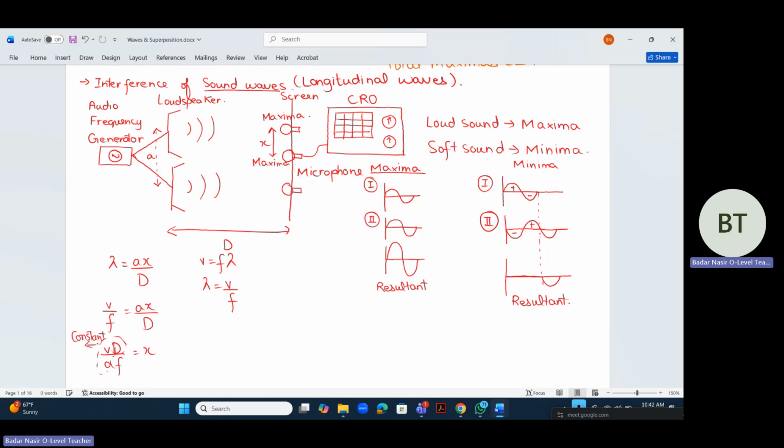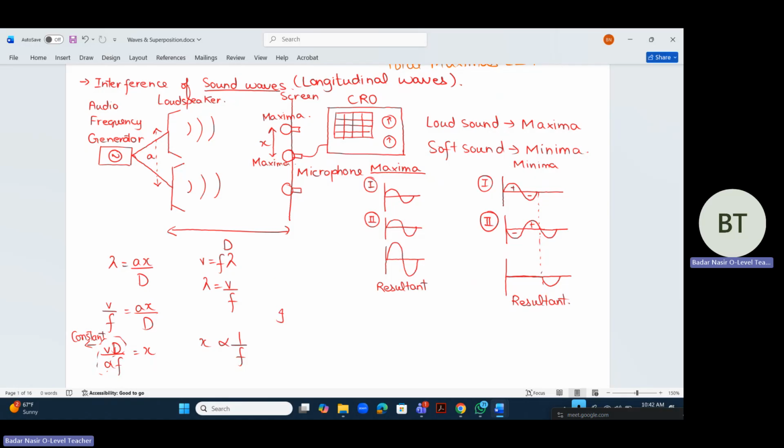So if this is constant, what is the relation between x and f? Inverse relation. So if the frequency of the sound wave is increased, then the gap between the maximas on the screen will also increase. Sorry, x will decrease.